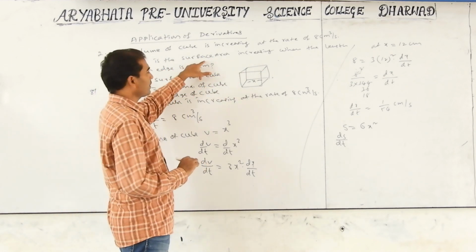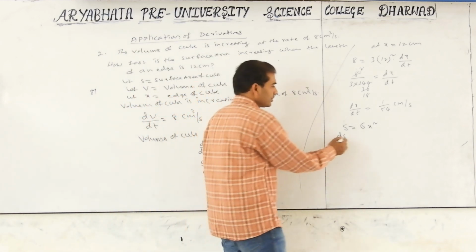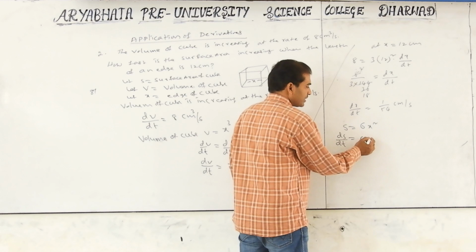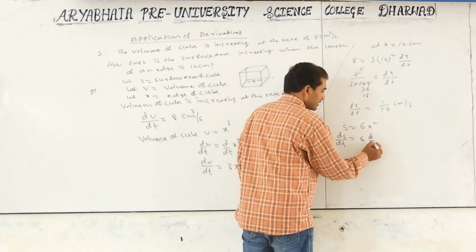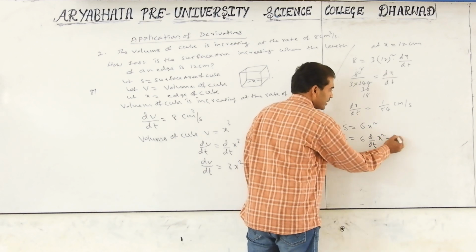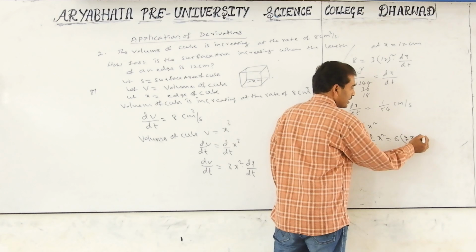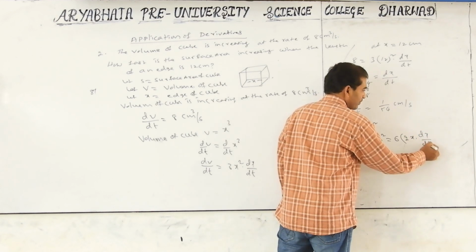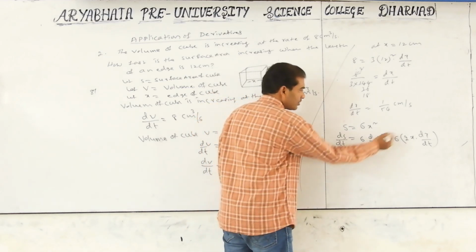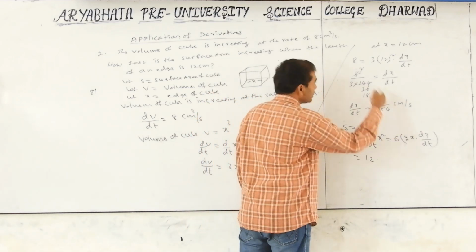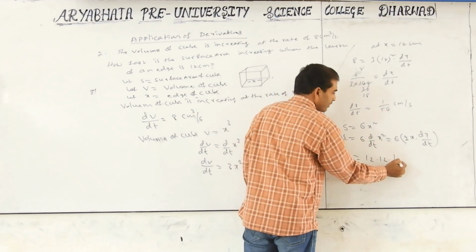How fast the surface area is changing: dS by dt equal to 6 into the differentiation of x square, which is 2x, into the differentiation of x with respect to t, dx by dt. 6 into 2 is 12, x is 12, dx by dt is 1 by 54.